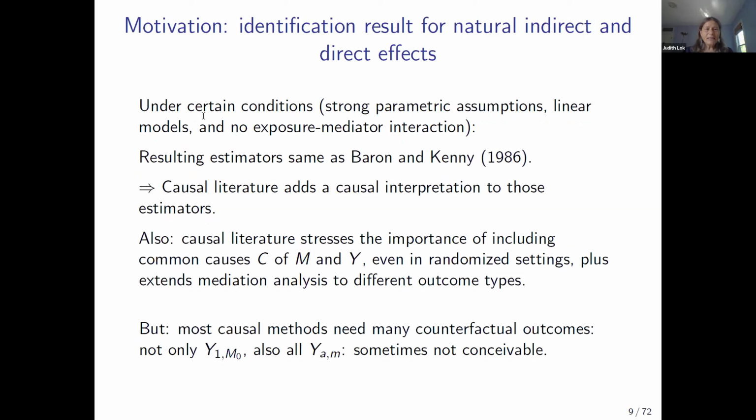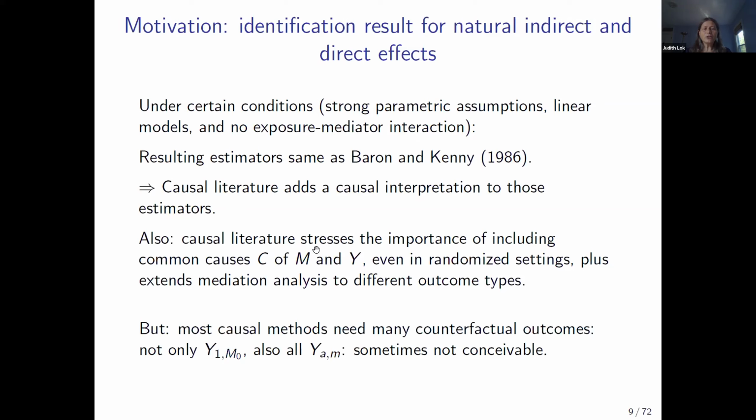This mediation formula, under certain conditions, strong parametric assumptions, linear models, and no exposure-mediator interaction, leads to estimators that are the same as those presented in the original work on mediation analysis from 1986. The causal literature thus adds a causal interpretation to those estimators.